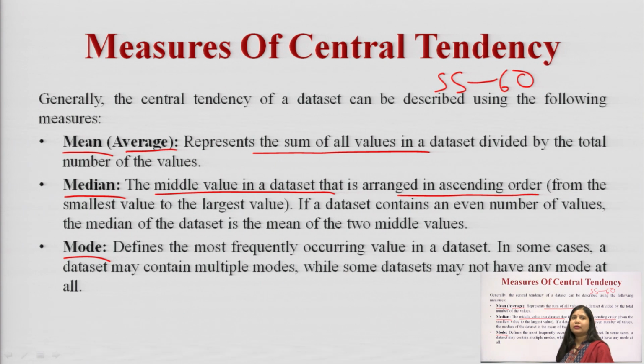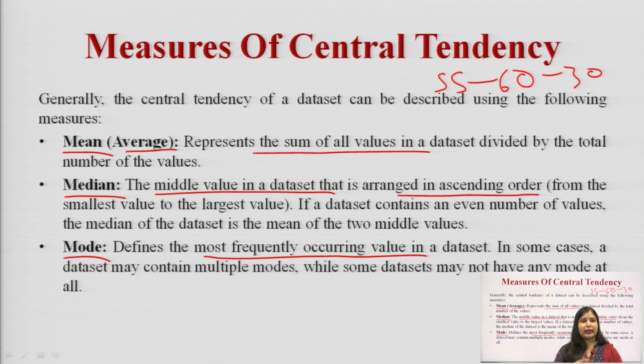Out of 100 students, suppose in this range there are 30 students. So, it may give you the median value of the data. Then mode. Mode is the most frequent value, the value which comes most often, or which has the highest frequency.